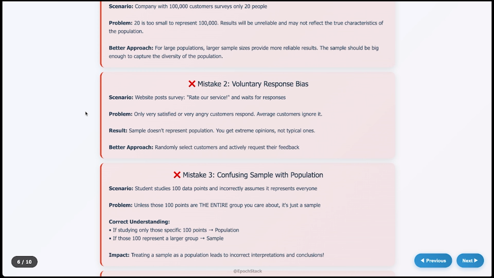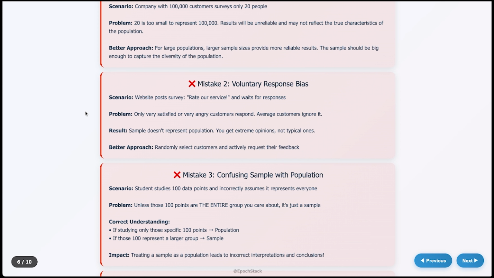If those 100 points are the maximum possible points that could ever exist, then that data is a population. But if those 100 points represent a larger group, then that data is a sample, not a population. The impact is that treating a sample as a population leads to incorrect interpretations and conclusions. So this is the main mistake one should avoid.